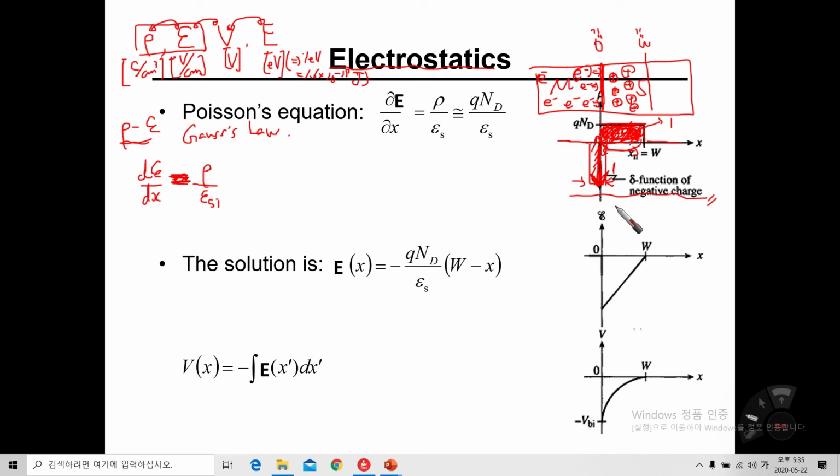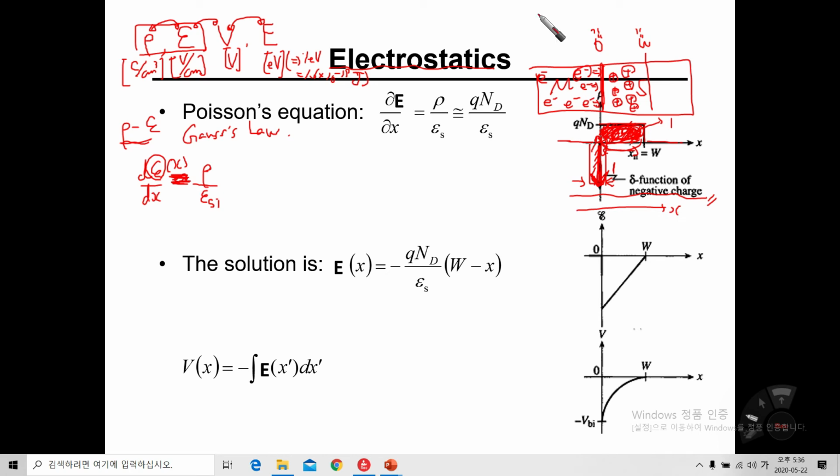Now let's do the electrostatic analysis. The very first step is to derive the equation for the electric field as a function of x. Notice that all the analysis has been done in one dimension.